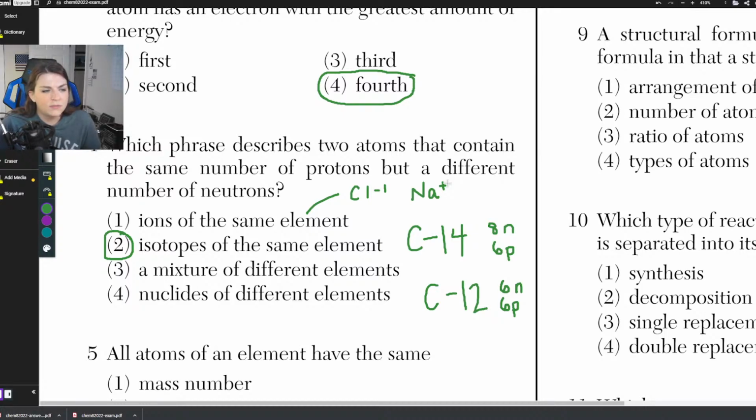And nuclides of different elements, I don't love that term. Don't love it. Mostly because of the table and the radioactivity table. Truthfully, I would have written to the Regents Board about this question. I don't like option 4, but it obviously is option 2.